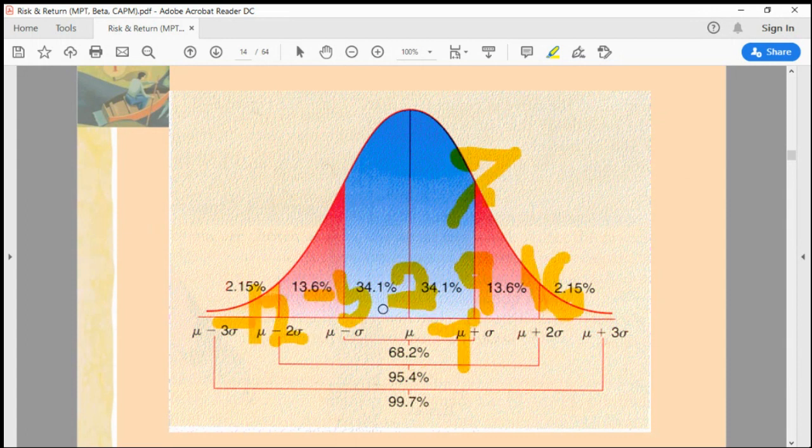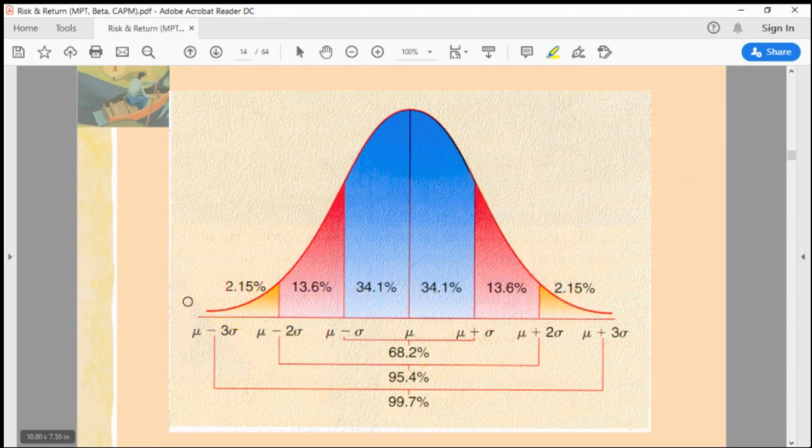It also means you have 34% probability of earning anywhere between 2 and negative 5% return next month, and 14% probability of earning anywhere between negative 5 and negative 12% return. You also have 2% probability of earning anywhere below negative 12% return.